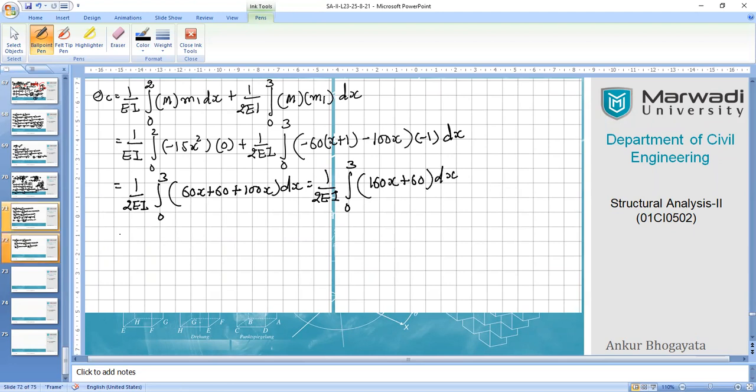So now we can happily integrate it. 1 upon 2 EI still, 160x square by 2 plus 60 into x, limit is 0 to 3. Now work upon it and give me the final answer also, I don't mind.